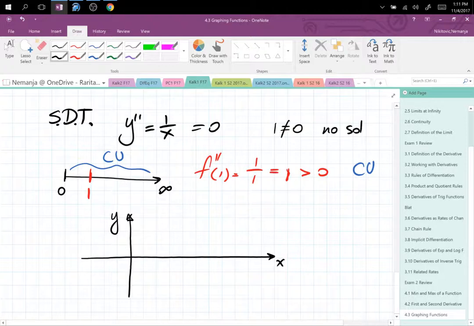I'm going to put this 4 units away. That's what 1 is. Now I know I have an x-intercept there. I know I have a vertical asymptote at x equals 0 as a guide.